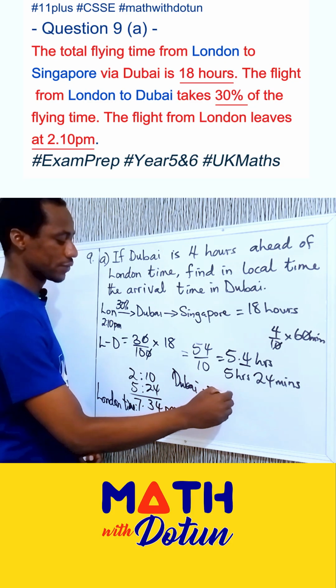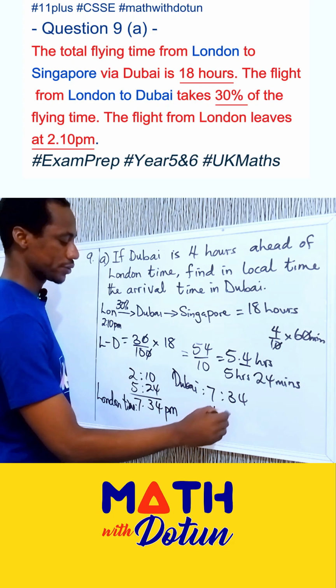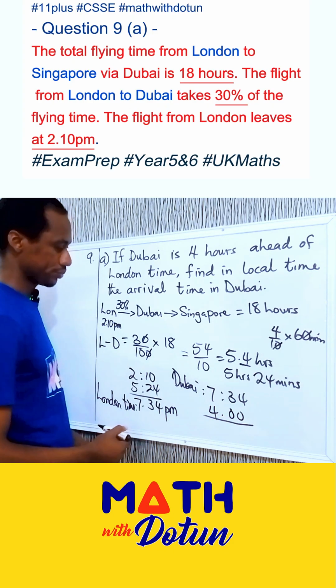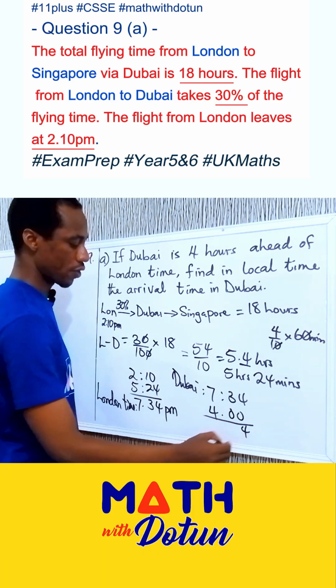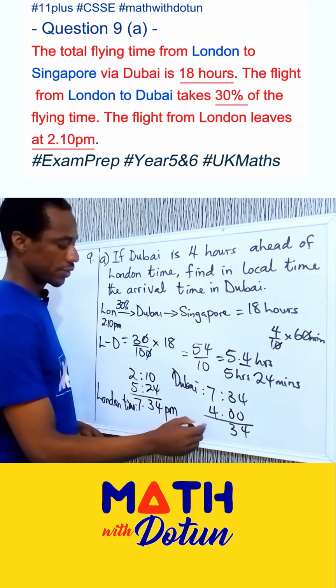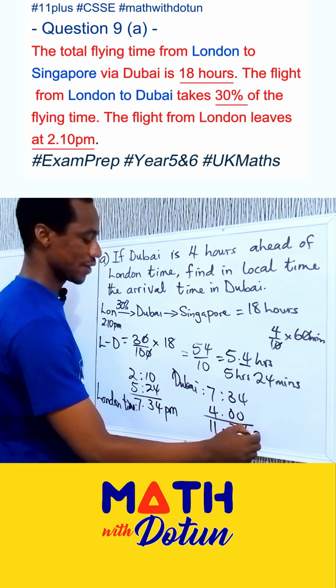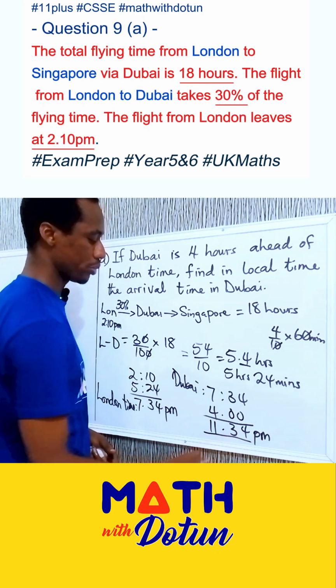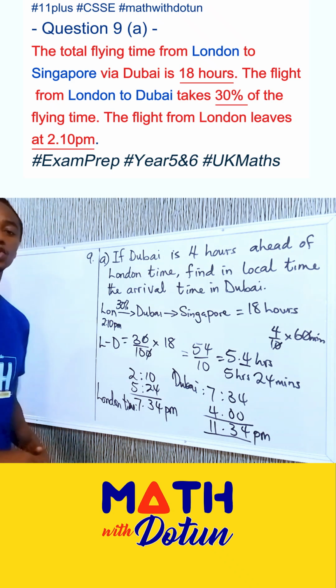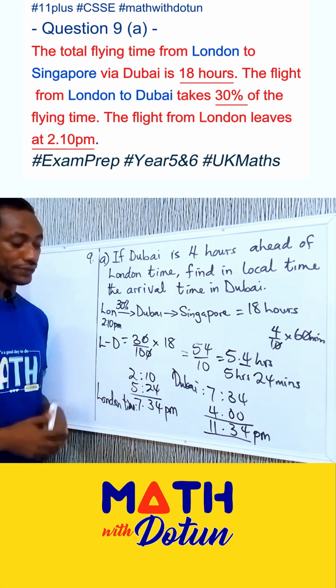We have 7:34 p.m. plus 4 hours. 7 plus 4 is 11, so that is 11:34 p.m. local time in Dubai. So the plane will arrive in Dubai at 11:34 p.m.